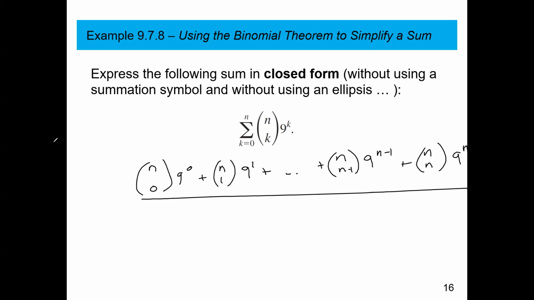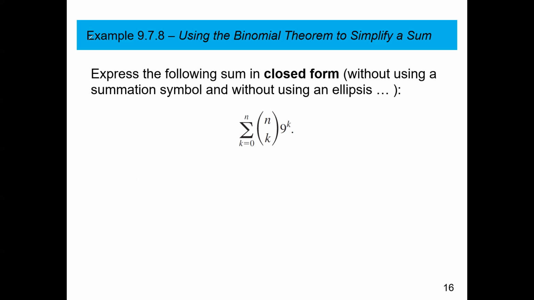But there's actually something super subtle that's staring us in the face, and we're not even seeing it. This right here is really times 1 to the n minus k, because 1 to any power is just 1, and multiplying by 1 doesn't change anything.